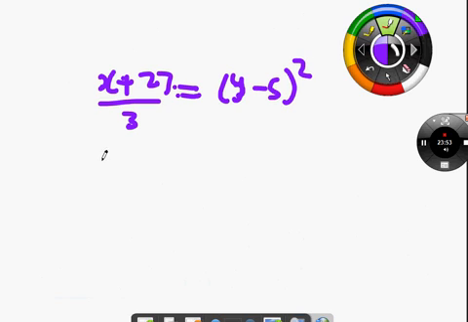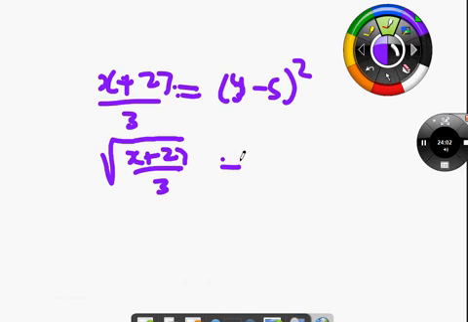So to remove the squared, we find the square root of that whole thing. Square root of x plus 27 over 3 is equal to y minus 5.